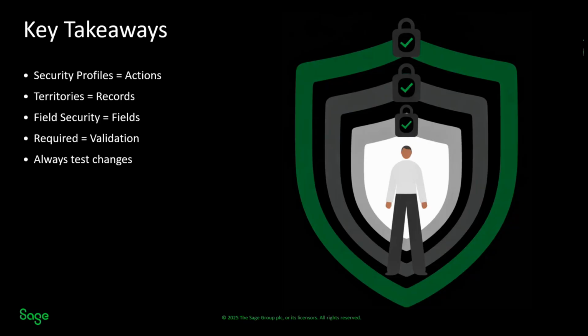But at the fundamental level, what we've seen here with field level security is all about controlling field visibility, controlling the edit access, and the enforcement of mandatory data. And we remember that we can apply those rules either at the level of the individual user.